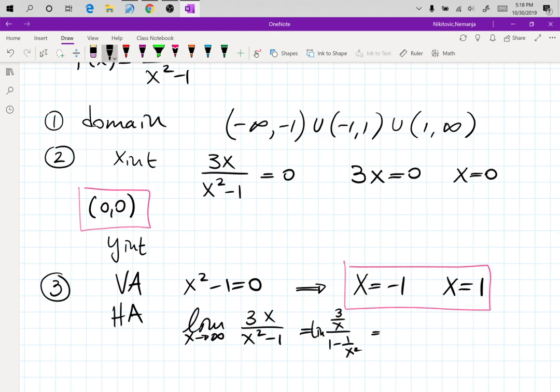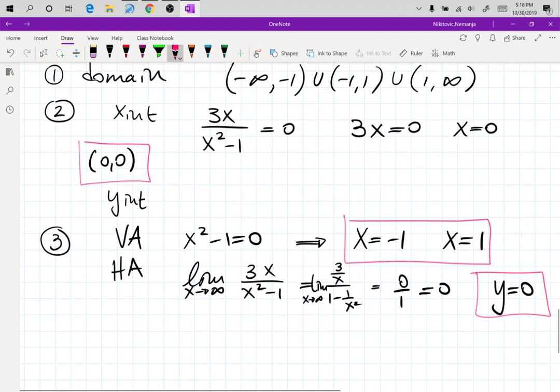Oops, forgot the limit in front. And this is just going to be 0, because you have 0 divided by 1. I won't put the step in. 0 divided by 1 equals 0. So we have y equals 0, which is the x-axis, as our horizontal asymptote.